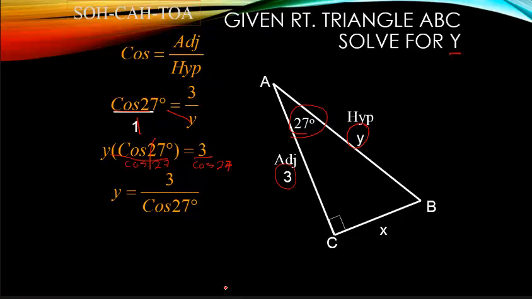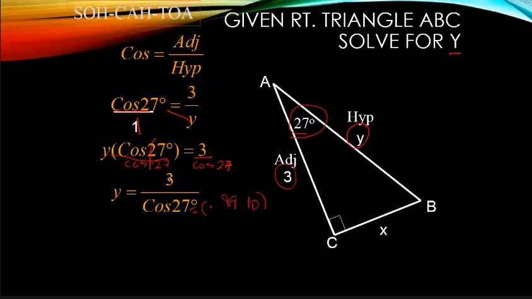So cosine of 27 is 0.8910. So you're going to punch in 3 divided by, and you can punch it straight in like this. You don't have to find this decimal first.